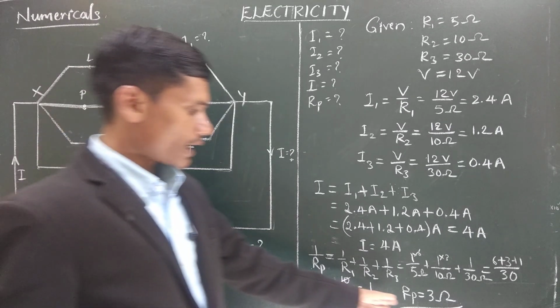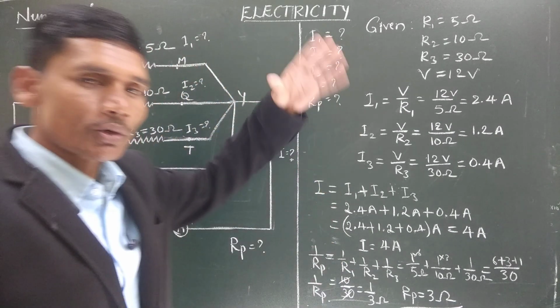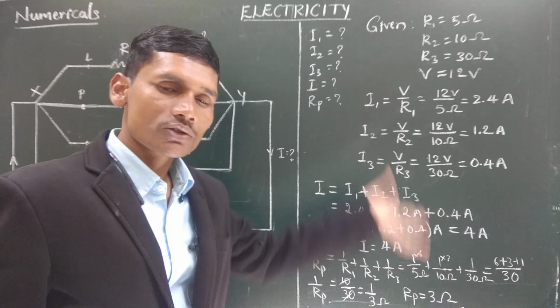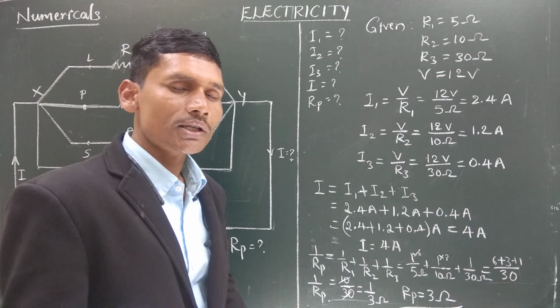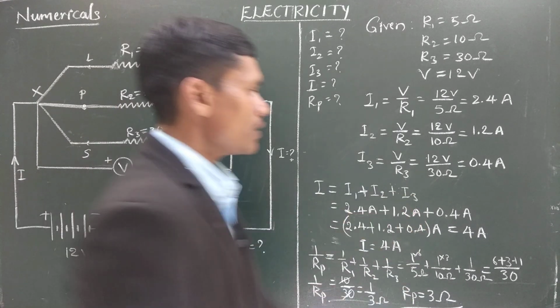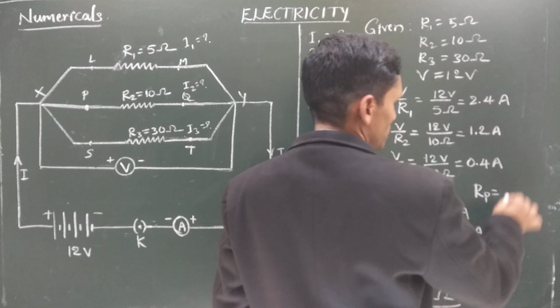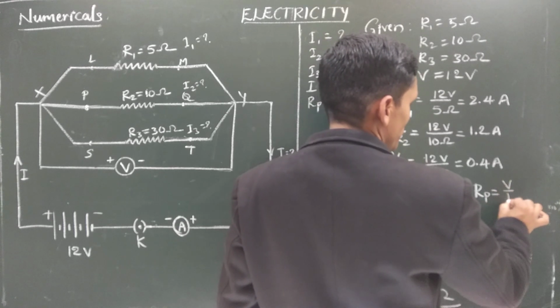Another method is there for calculating this equivalent resistance. Here we know the total potential difference and the total current. Then we can easily calculate the total resistance. Rp is nothing but potential difference divided by current.